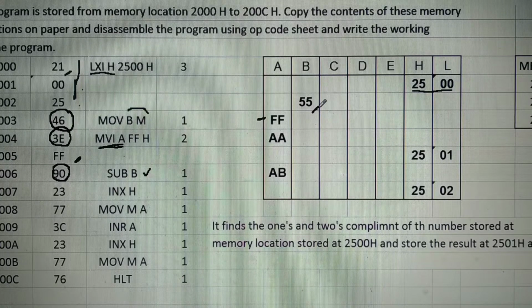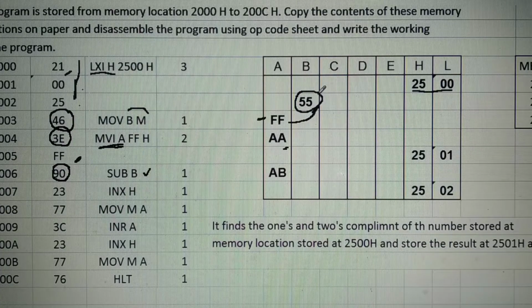That means the content of register B is subtracted from the content of the accumulator. You will get AA. It means each bit of the number 55 is subtracted from 1. That means in the accumulator you get AA, which is the 1's complement of the number in register B, and that number is brought from 2500.